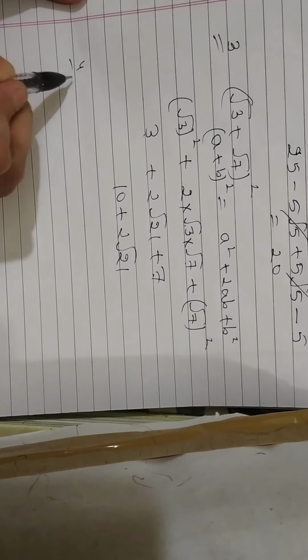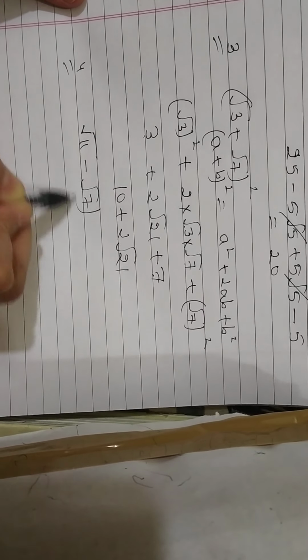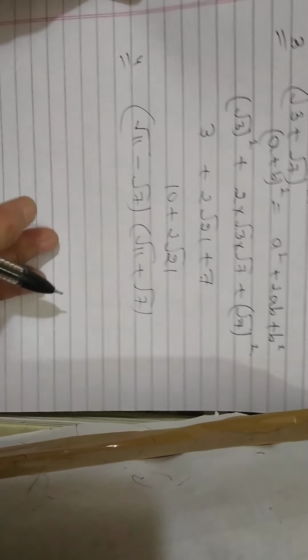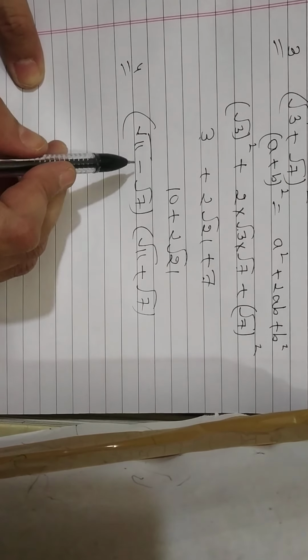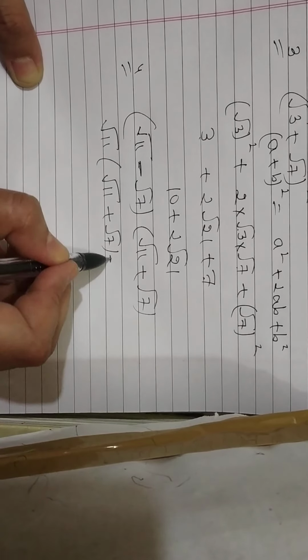We'll take fourth problem. Root 11 minus root 7, root 11 plus root 7. We can solve by two methods. Here we will solve by multiplying binomial by binomial, and we'll solve one more method, a plus b, a minus b. So first we'll multiply binomial by binomial. This is root 11 plus root 7. We'll take this sign here.